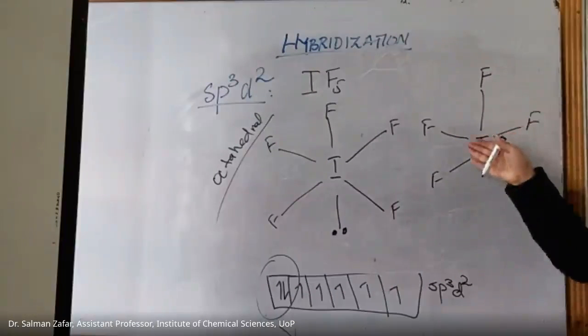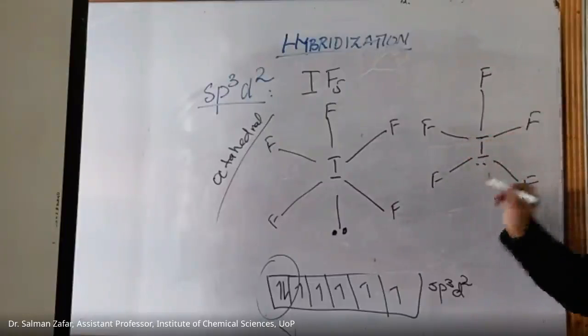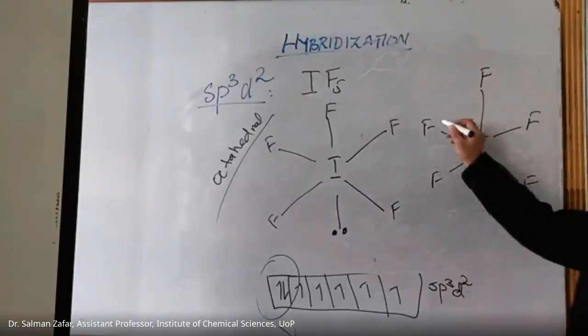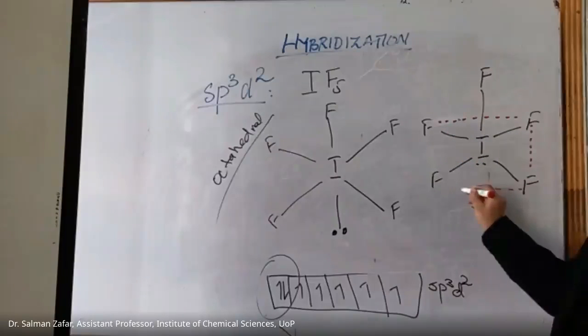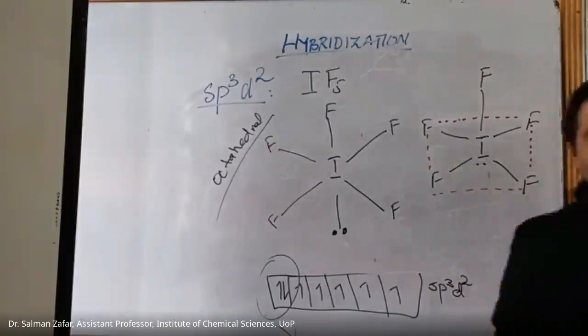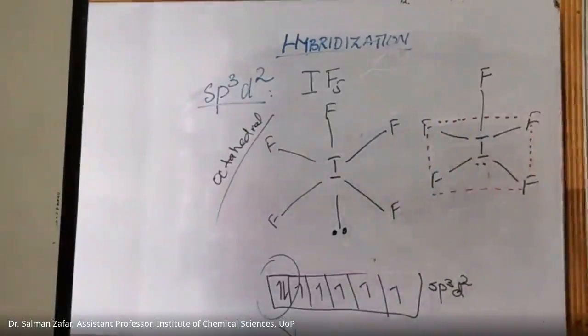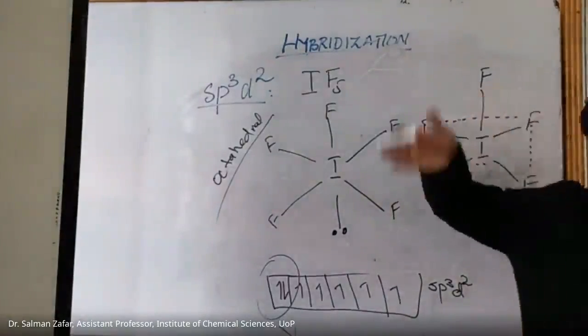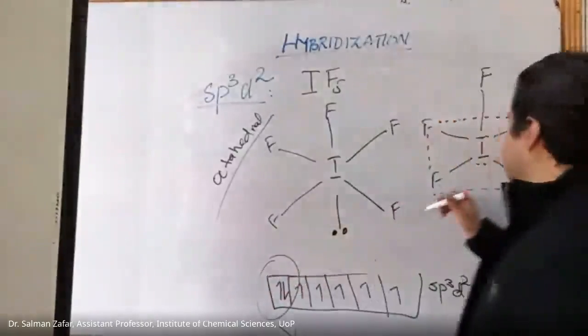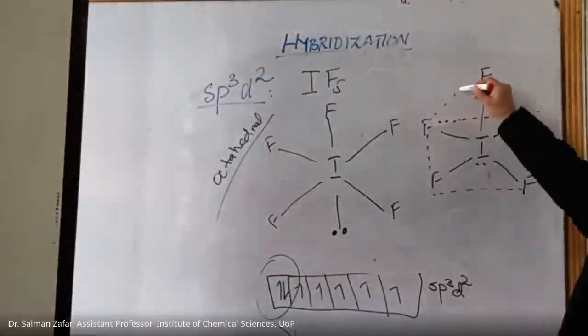This one is perpendicular. Here we have the lone pair. So let's see what would be the geometry. These 4 are in the horizontal axis, and we have this fluorine atom present vertically to these 4 fluorine atoms. You can connect them here.